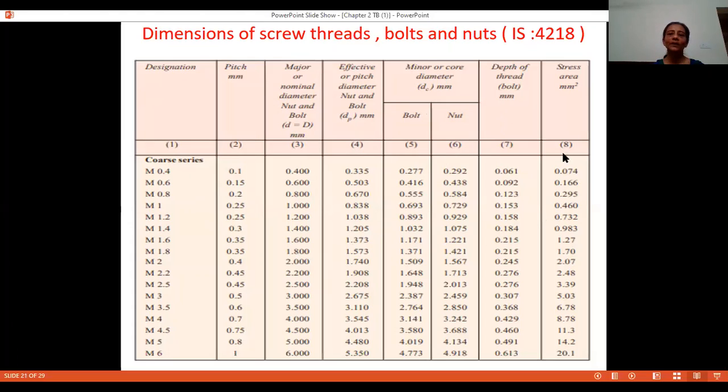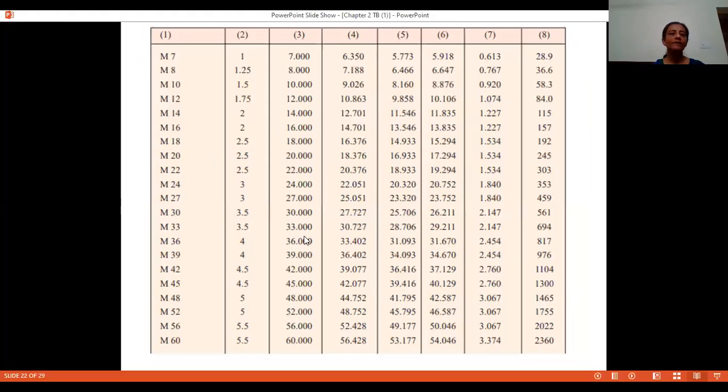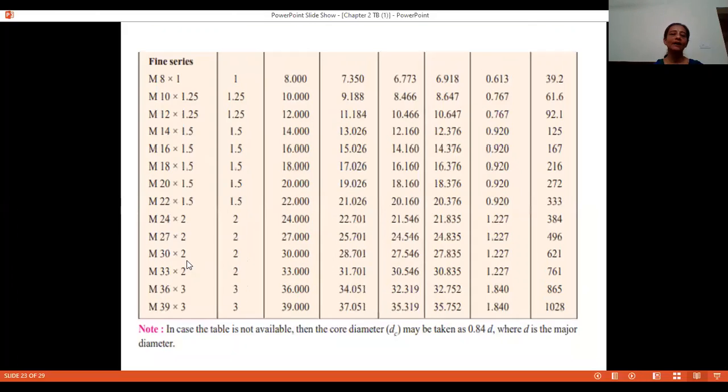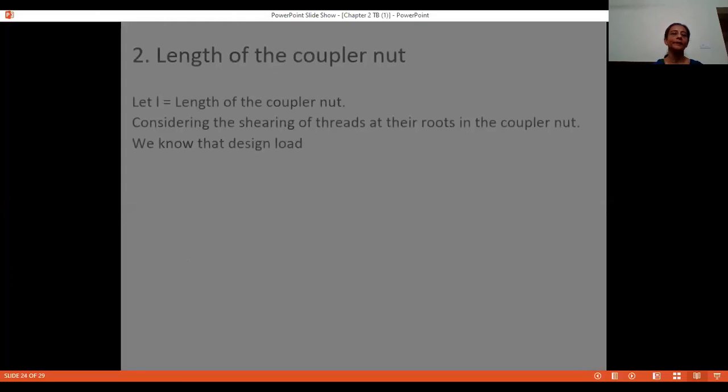And here depth of the threads, and here there will be a stress area. Our value, you can see here, 33 point something was our answer, and in the fifth column the next higher value we can see is 34.093. Corresponding to that core diameter value, pitch is 4 millimeter and nominal diameter is 39 mm. And that is what I have shown you in the previous slide.